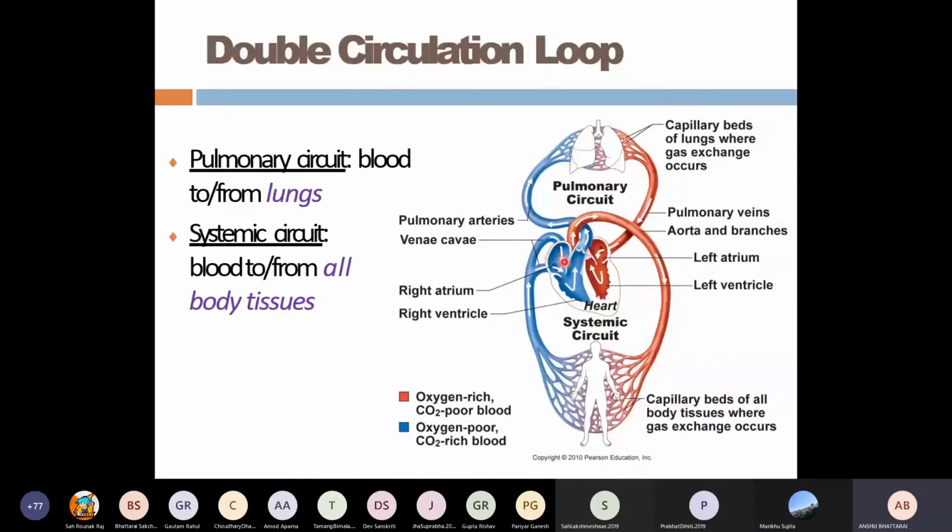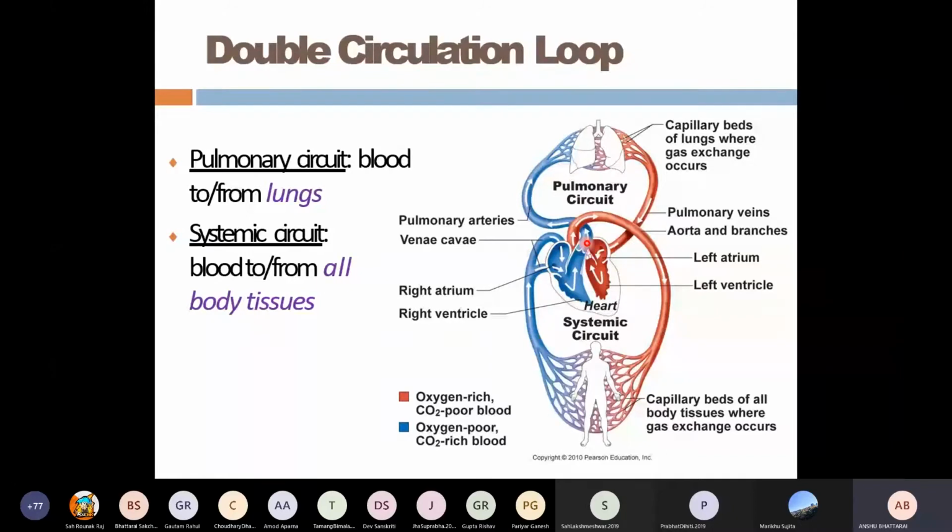From the right atrium, it goes to the right ventricle, right? And from the right ventricle, it is then pumped and taken up by the pulmonary arteries. So pulmonary arteries carry deoxygenated blood from the right heart.